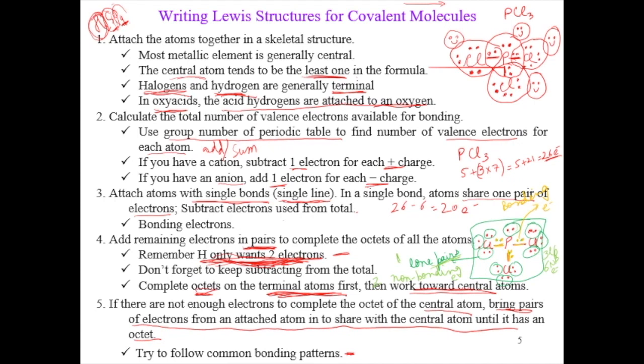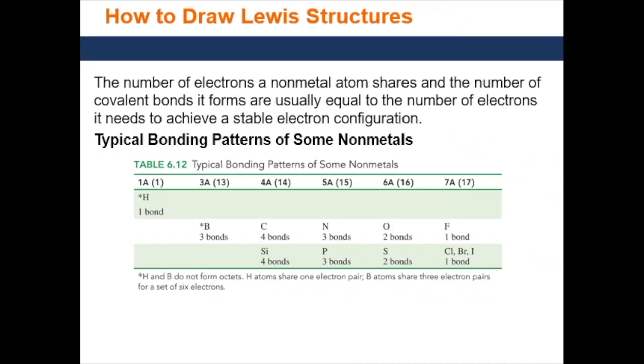It consists of 1, 2, 3, 4, 5, 6. So it consists of 6 bonding electrons in a molecule of PCl3. So you should know how to differentiate between the electrons. Now we'll move on to the next slide and we'll try out some more examples.